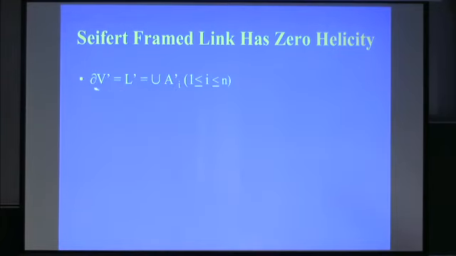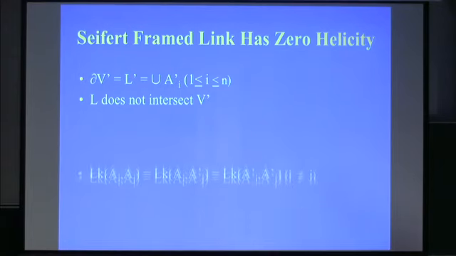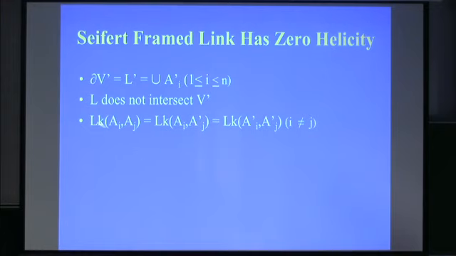So the boundary of V prime is the union of all these companion curves. And the link itself does not intersect the V prime. So the linking number of Ai Aj is equal to the linking number of Ai Aj prime. And this is true if you put primes or without primes for all i different from j.